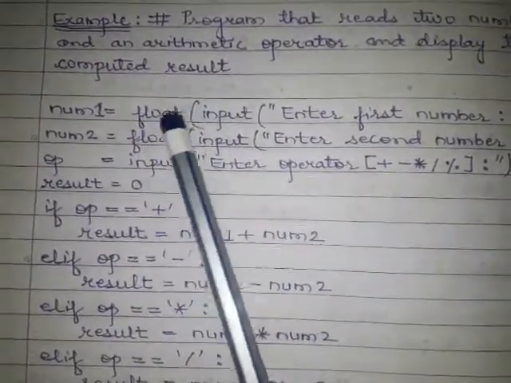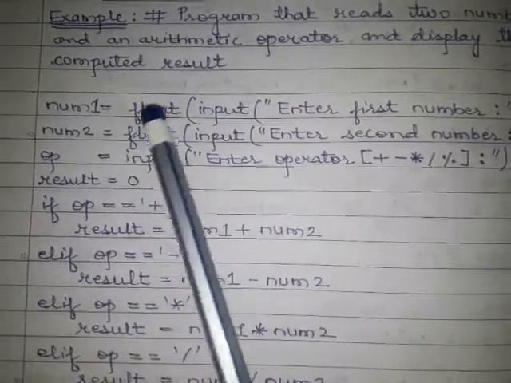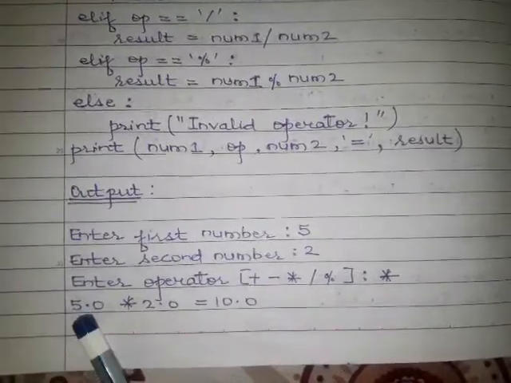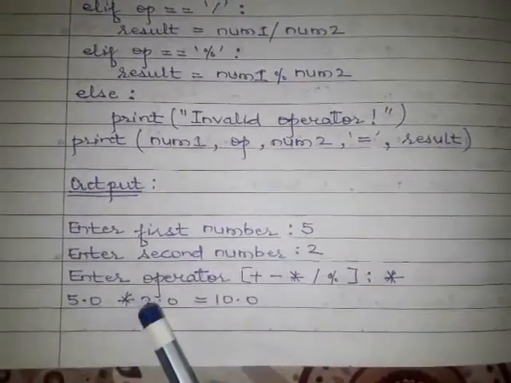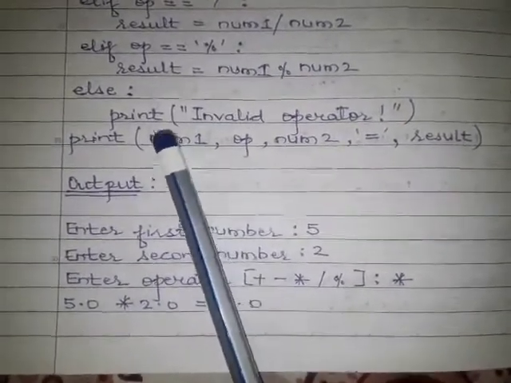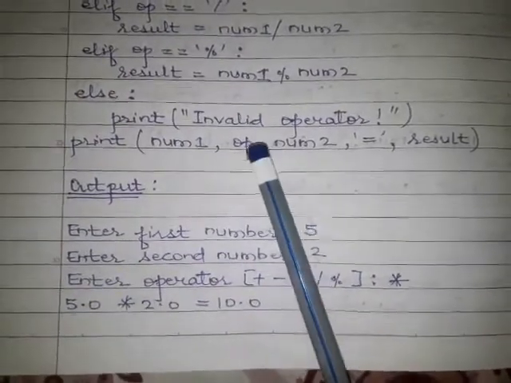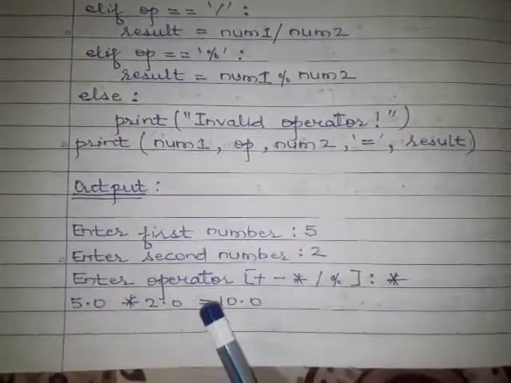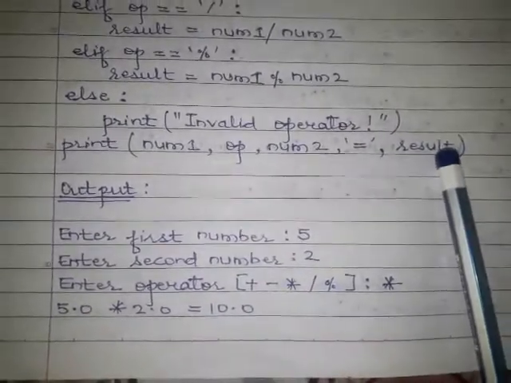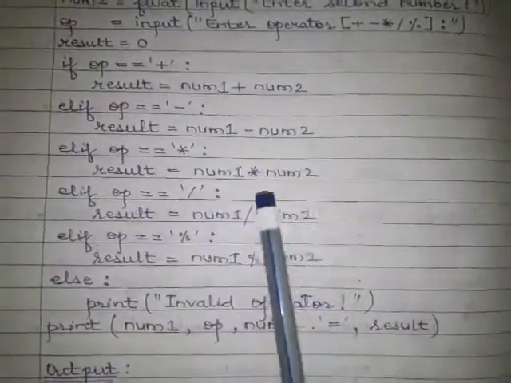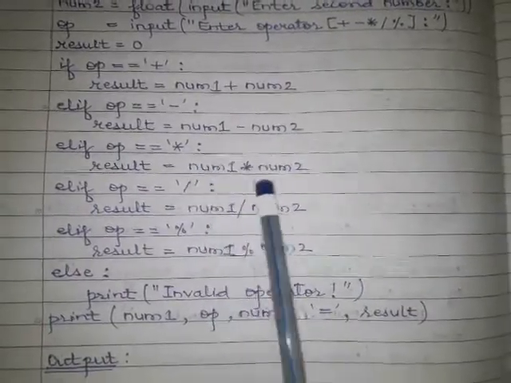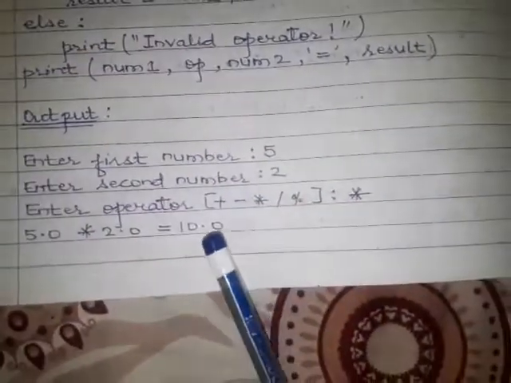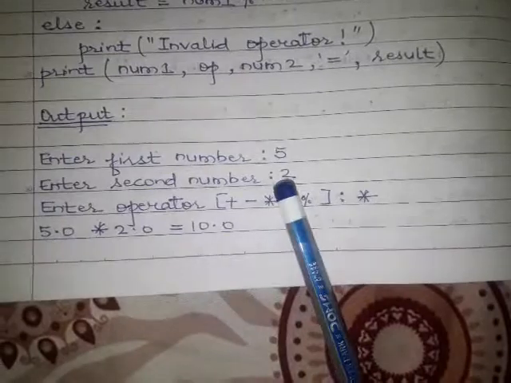They are converted into float type variables, so if I read 5, it is written as 5.0. 5.0 multiply 2.0, this statement prints number 1, operator, number 2 equals result. What is the result? Result comes from here, number 1 multiply number 2, which is 5 into 2, 10.0.